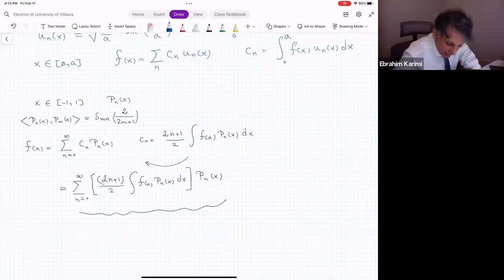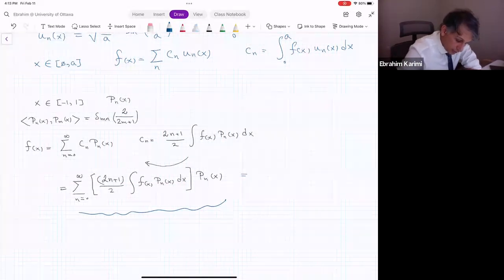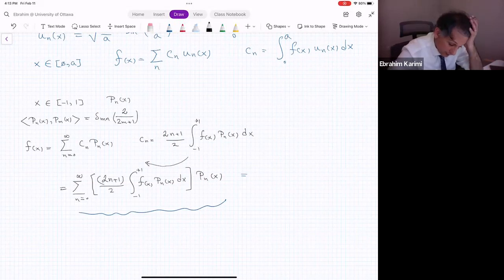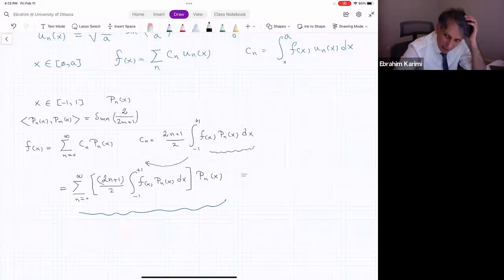Let's do something interesting here. Remember that the integral is changing, and the domain of the integral is from -1 to 1, and the summation is changing from 0 to infinity. In order to not get confused, because I'm using x inside of the integral, while the summation is over x, the Cn is independent of x.